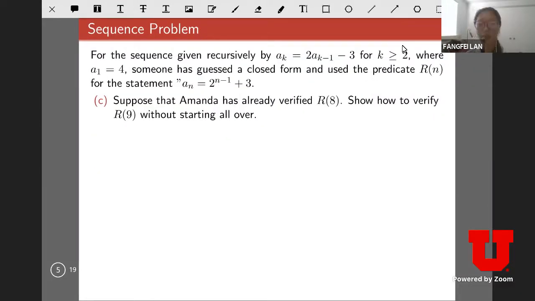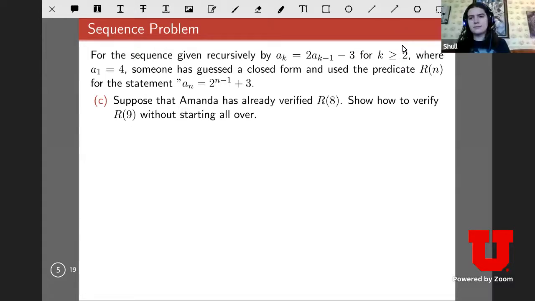Okay, so this one is the fun one. Suppose that Amanda has already verified R8. Show how to verify R9 without starting over. What does this sound like? What type of proof technique does this sound like? Mathematical induction. Yes, exactly. Because we're assuming that R8 is true, and we want to show R9 is also true.